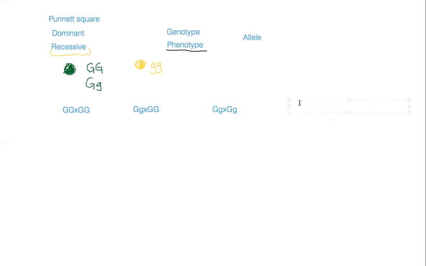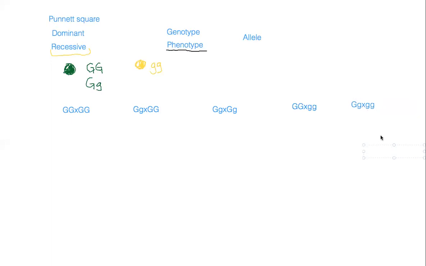And the fourth one is going to be a recessive homozygous with a dominant homozygous, and then a heterozygous with a recessive homozygous.